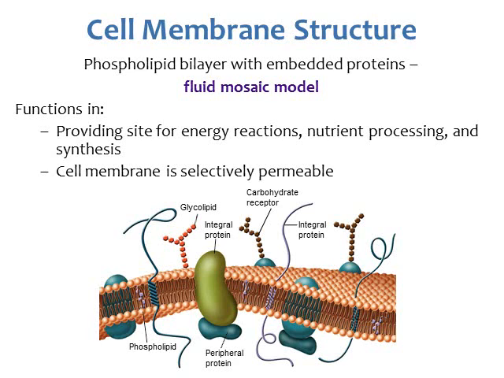So your cell membrane, the main functions, it provides a site for energy reactions in your prokaryotic cell. It also allows for nutrient processing and synthesizing different products the cell may need. In addition to that, the cell membrane is also selectively permeable. So this means that certain things can move in and out of the cell.